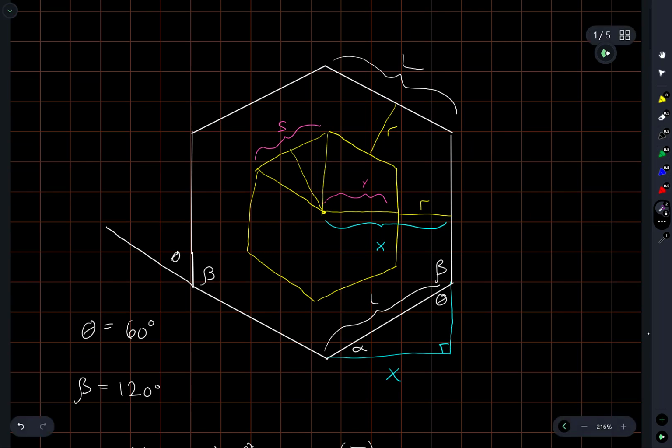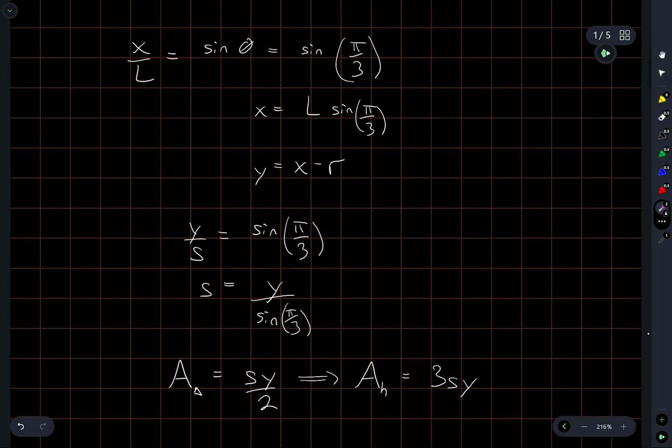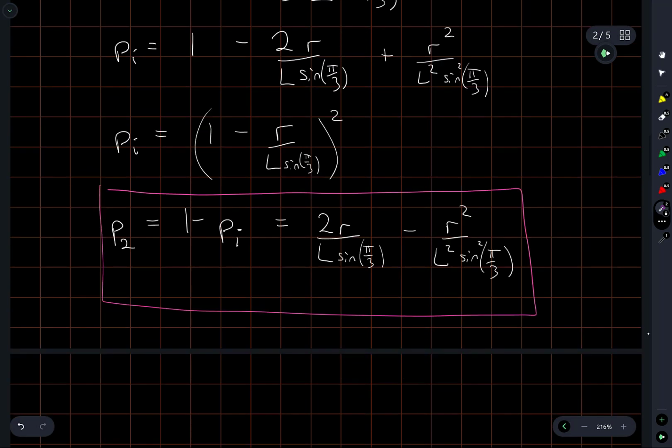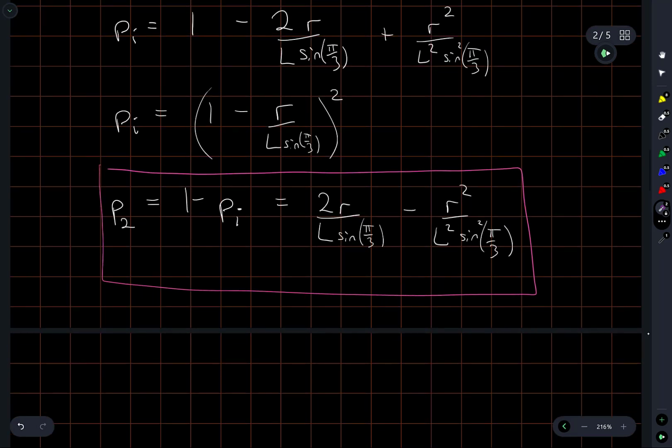Yeah, so if the radius is equal to this distance, then we have a probability of 1 of hitting 2 colors, and that distance is in fact x, which is L times sine pi over 3. So the upper bound on r is this quantity, L times sine pi over 3, and you can see if r is equal to that, then this reduces to 1.